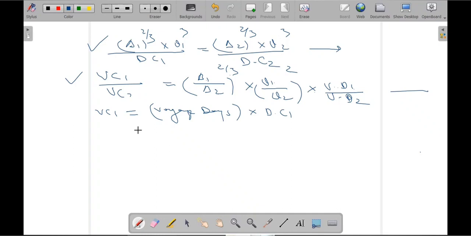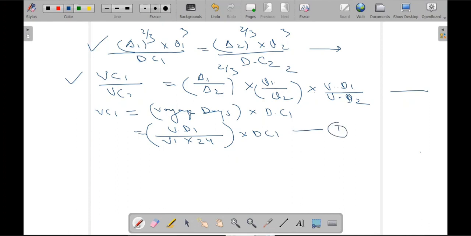Voyage days is nothing but the voyage distance 1 divided by V1 divided by 24. This is the voyage days. The distance divided by V1, you get the hours, divided by 24, you get the days. So this is voyage days multiplied by DC1. This is the voyage consumption. So I give it relationship number 1.